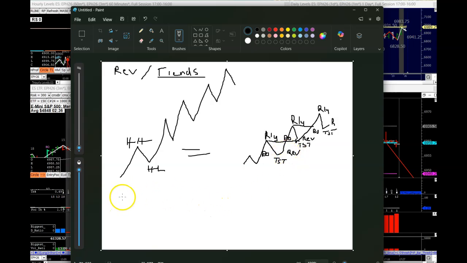So the four key behaviors in this chart that typically are not being explained are: 1, the breakout; 2, the follow through, which makes the breakout into a rally; followed by a test, which is typically 1 to 4 legs, meaning it can test and retest and retest and retest, but it's typically 1 to 4.